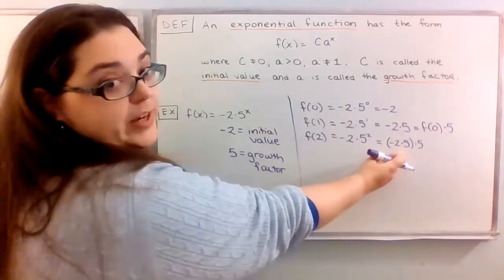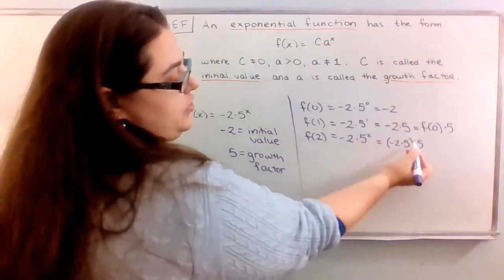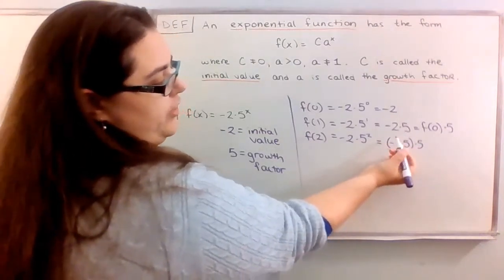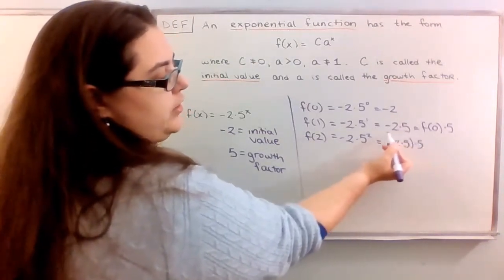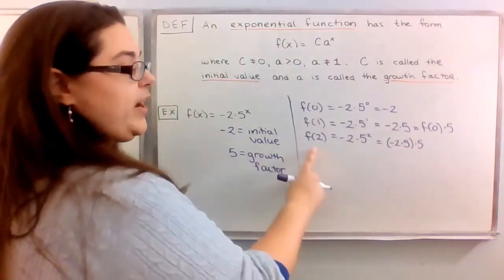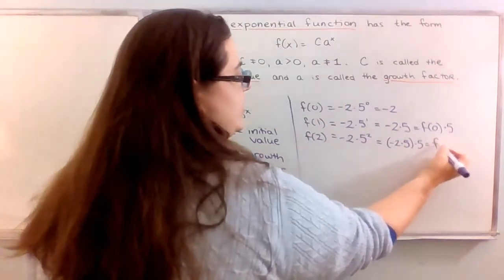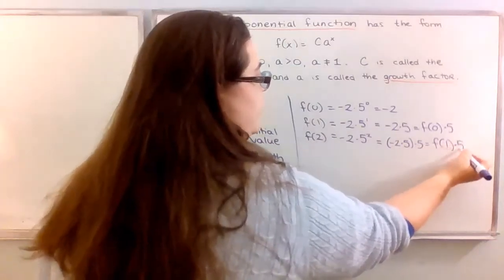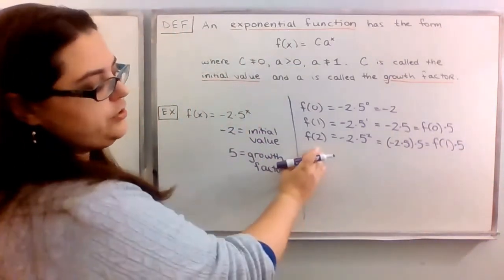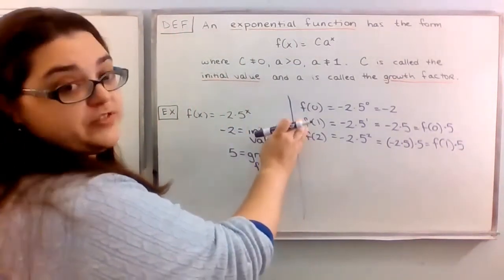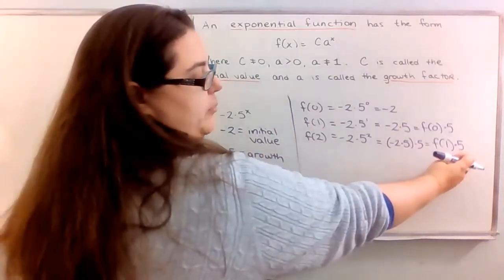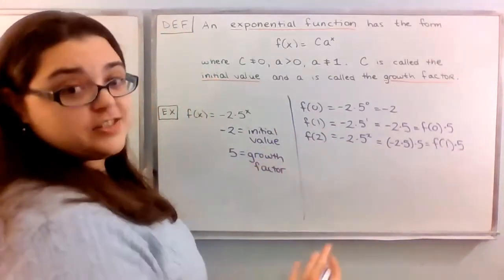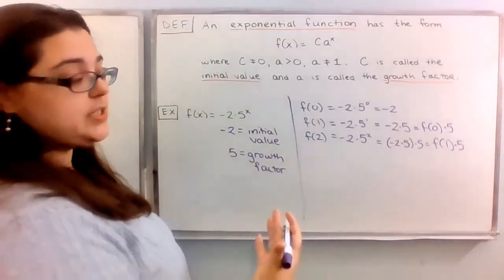The reason I wanted to write it this way is because -2 times 5 was what we got for f of 1. So we could write f of 2 as f of 1 times 5. So f of 2 can be found by taking the previous value for y and multiplying it by 5. And this is going to be the case as we continue.